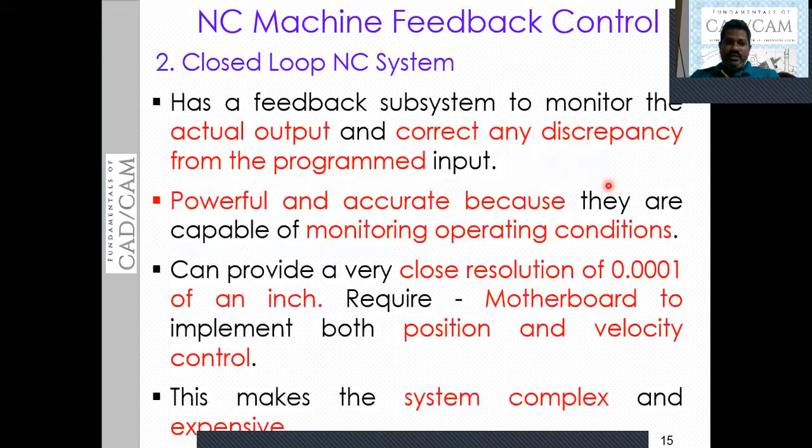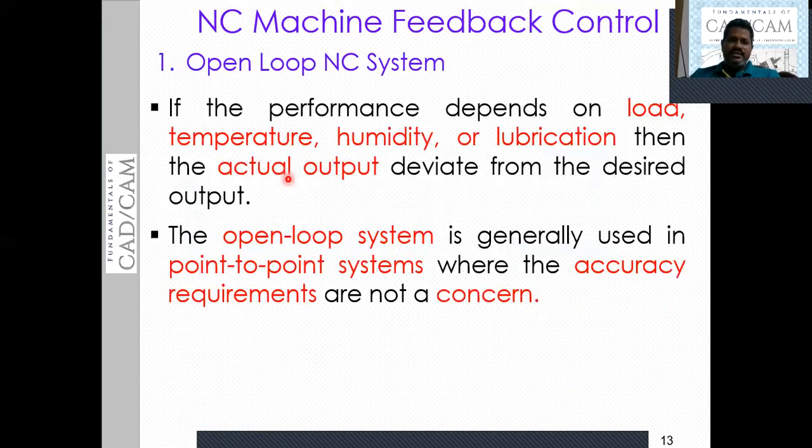When you come to the closed loop system, this open loop system is generally used where you don't require much accuracy. So this is not used where you want to produce highly accurate components. This open loop system is generally used in point-to-point control systems, where we don't require any accuracy or the accuracy is not the concern.